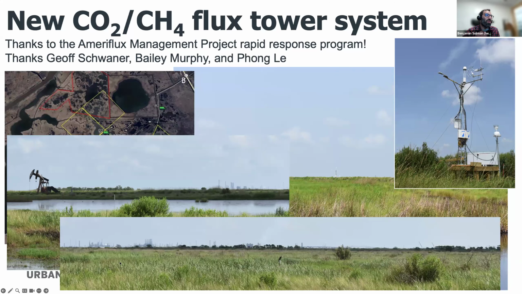There's also some pretty large installations of petrochemical plants off to the edge of this marsh, and also there's a lot of construction activity going on on the river related to this port construction, natural gas port construction.